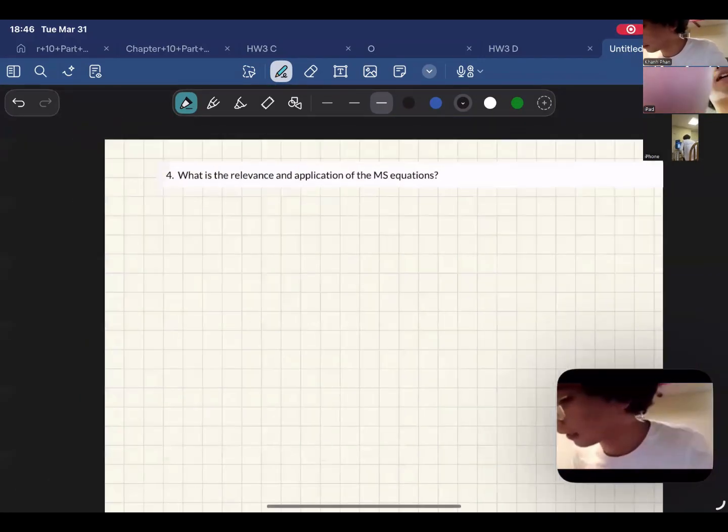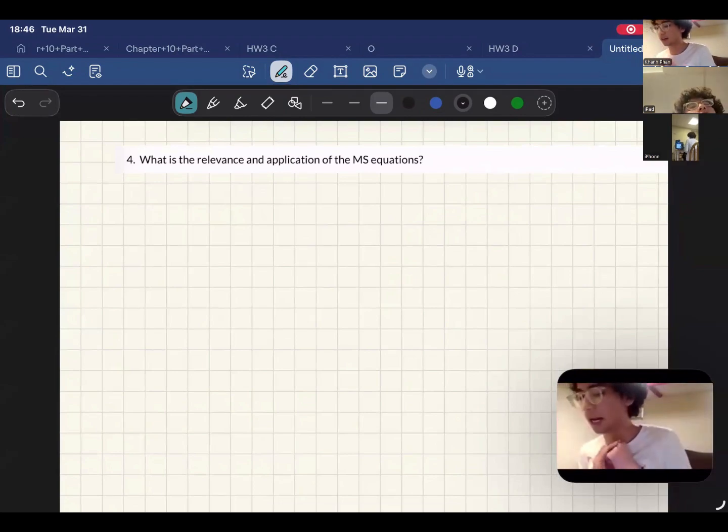And then, what's the relevance and application of the Maxwell-Stefan equation?